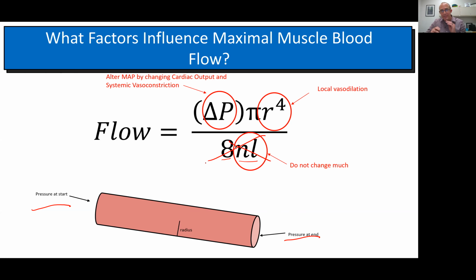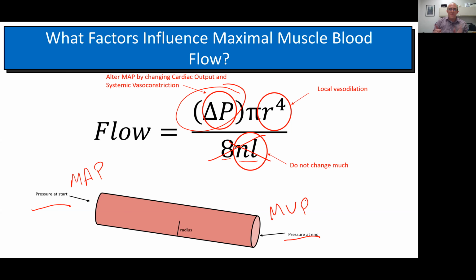So in a human, most of the time during acute exercise, our change in blood flow is going to come from a change in pressure, so systolic blood pressure or mean arterial pressure, probably more accurate, versus mean venous pressure. That's kind of fun. It's MVP, mean venous pressure.